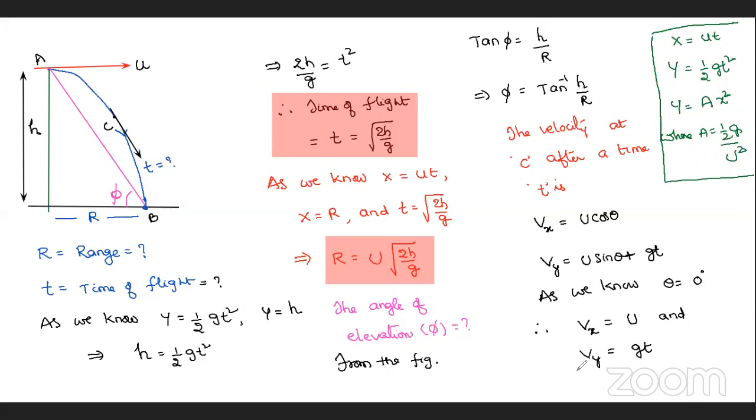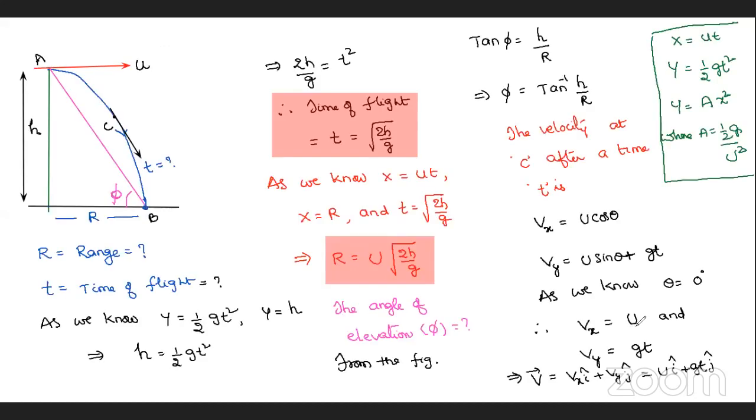g into t. Good. If I ask for the vector form V bar, then Vx i cap plus Vy j cap, that equals u i cap plus gt j cap. And if I ask what is the magnitude of velocity, that is root of Vx square plus Vy square.